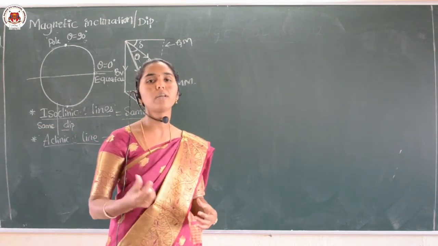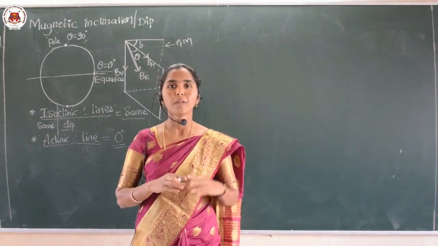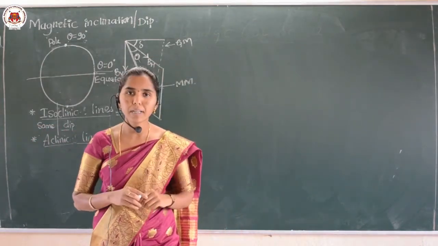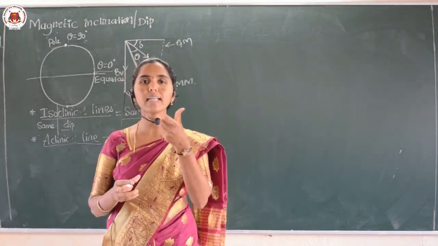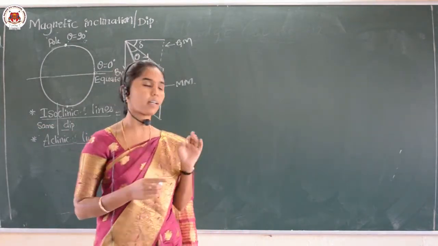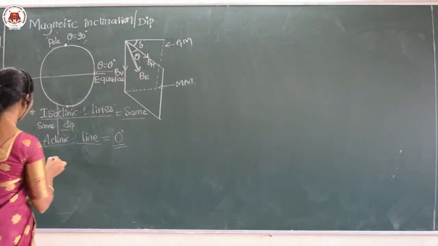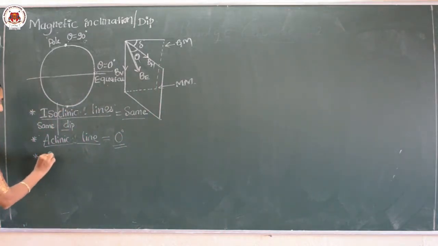Then how can we usually find the dip value? To measure the dip at a given place of the earth, we use an instrument called the dip circle. What is the instrument used to find the dip at a point?